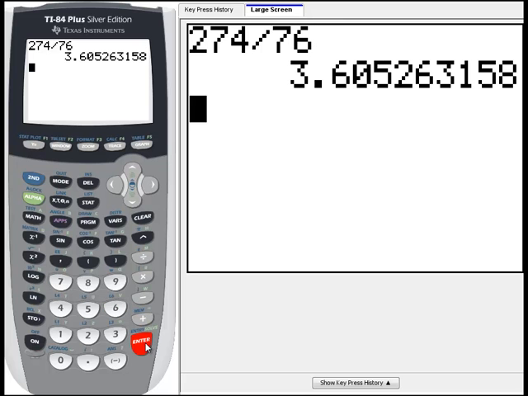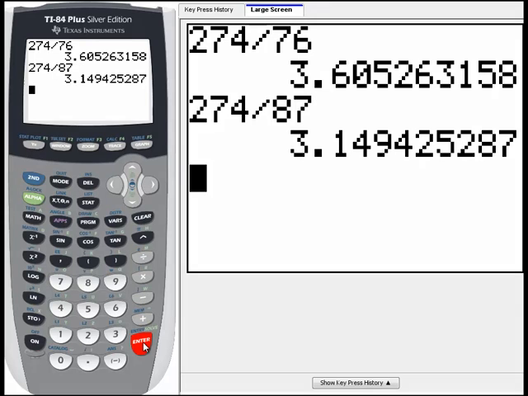Okay, we have that kind of time there in hours. And now to do 274 divided by 87, you could go second entry. Since this calculation is so similar to the first one, we can just edit the previous keyboarding and overwrite the 76 with an 87. Alright, let's go back to the paper with this information.